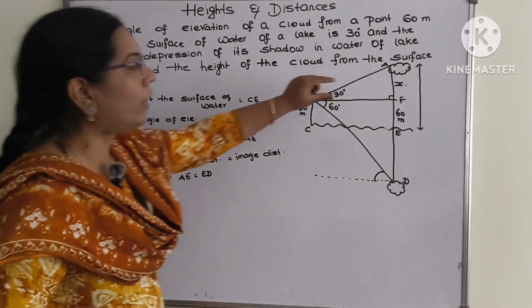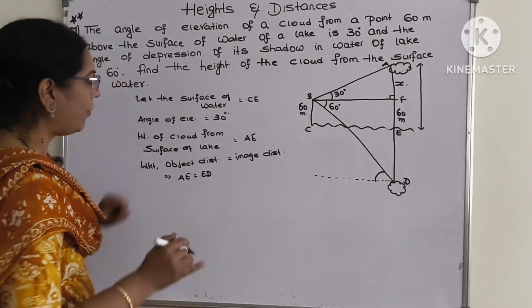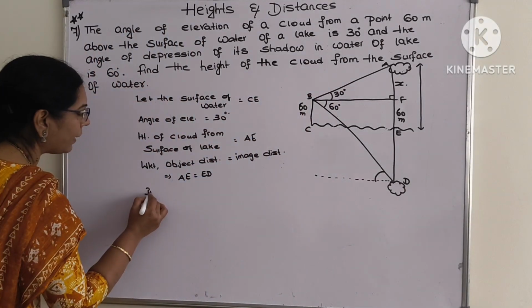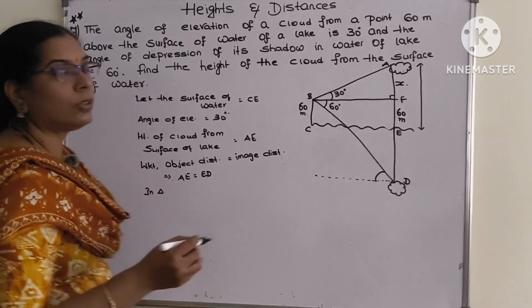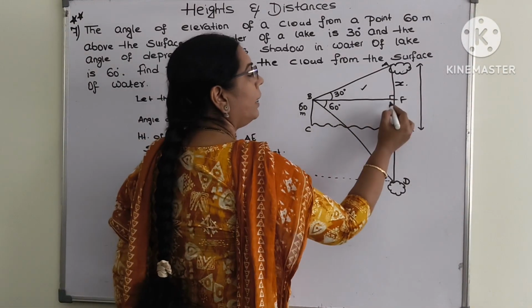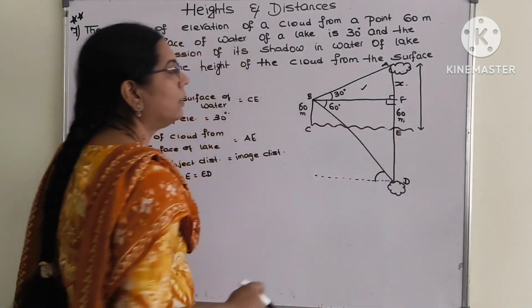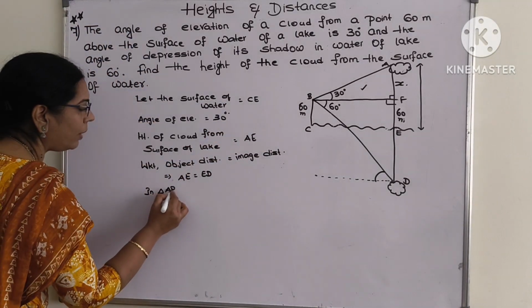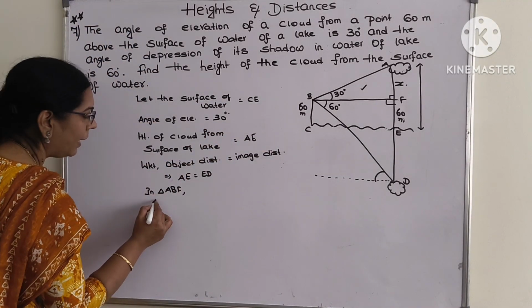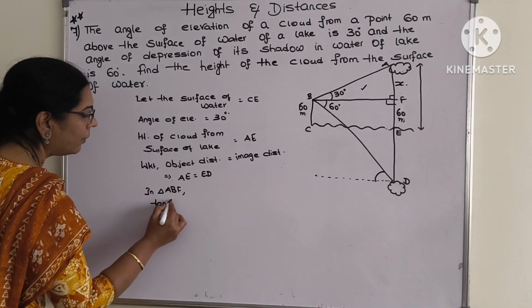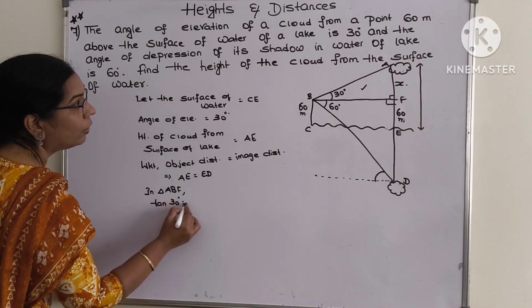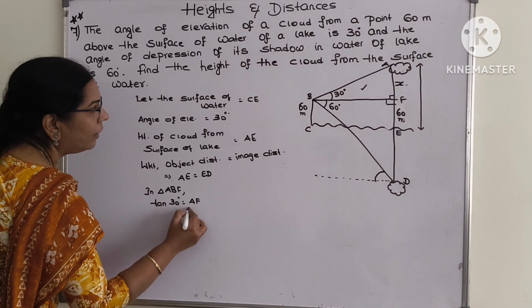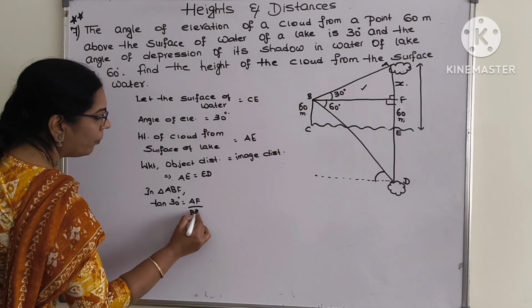Now, let us find what is AF first. So, where are the two triangles forming? One is forming here, the next one is this one. So, I will take triangle ABF. In triangle ABF, tan 30 degrees is equal to AF by BF.